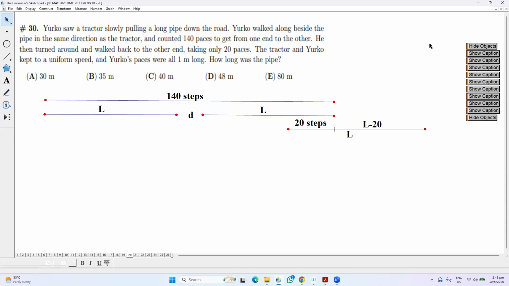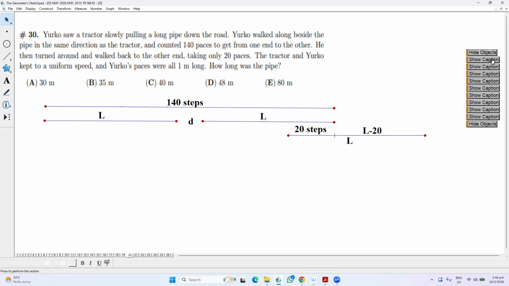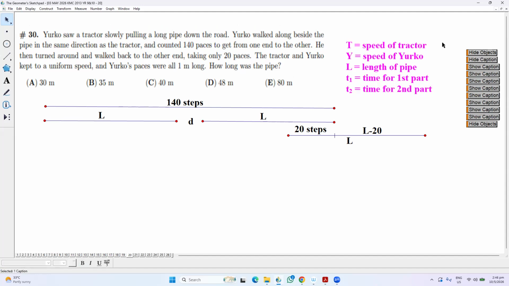Now how to do the calculation? We use speed. T is the speed of the tractor, Y is the speed of Yoko, L is the length of the pipe, T1 is the time for the first part, T2 is the second part where he turned back.